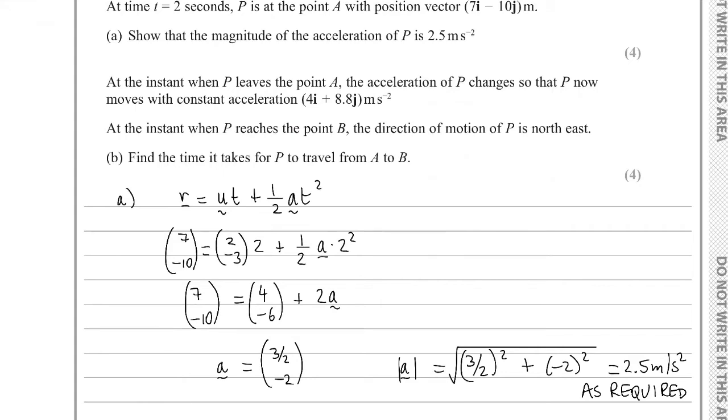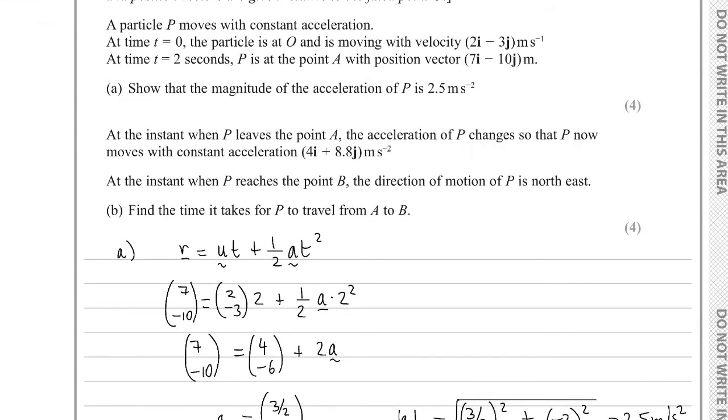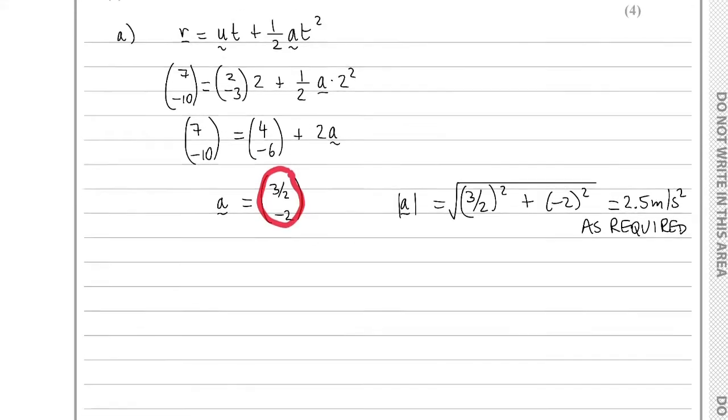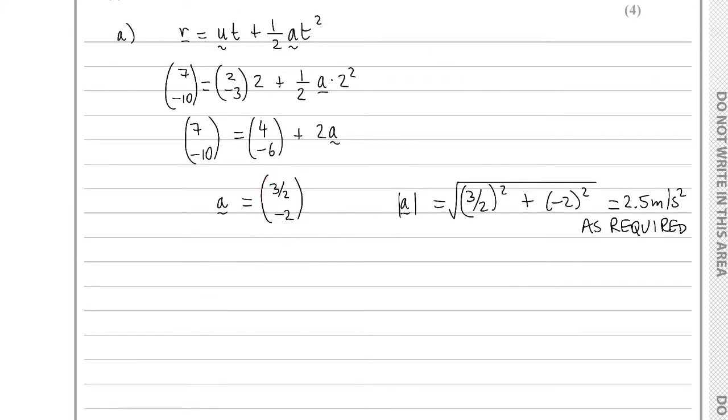So we have the initial velocity was 2 minus 3. We have now the acceleration in vector form, 3 over 2 comma minus 2. So we can use that to find the velocity at A. For velocity at A, we will be using V is U plus AT.